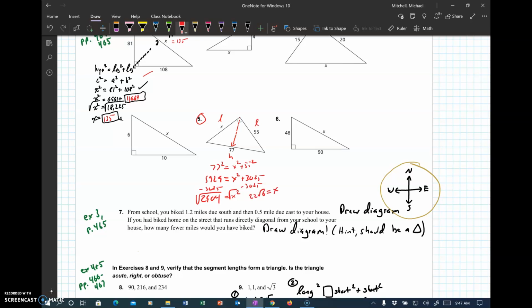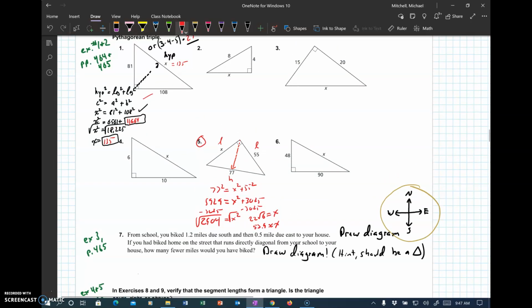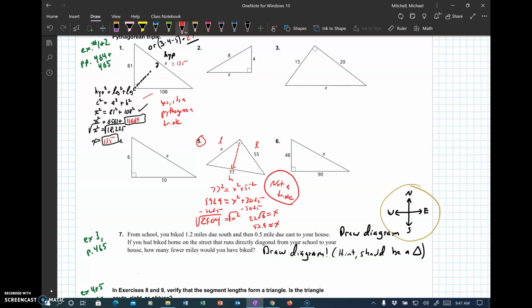Or maybe about 53.9 is about x. But I forgot to mention a couple of things here. Go back. This one is, yes, a Pythagorean triple. This one is not. 22 root 6, 53.9 is not it. So this is not a triple. Okay.